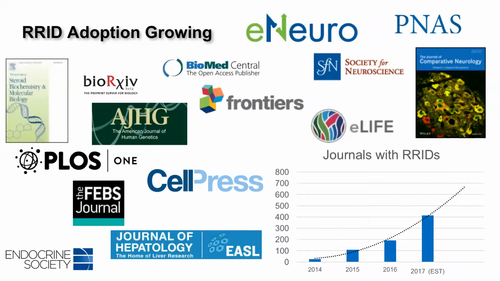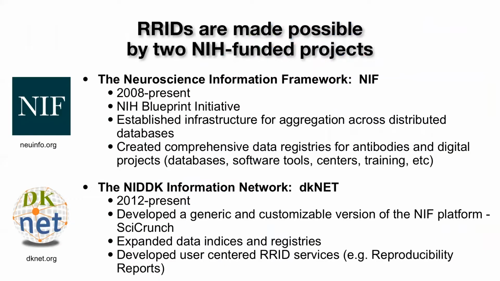We're now over 400 journals with RRIDs, and for 2018 that's looking to grow to somewhere in the range of 600 to 700 journals. So this continues to grow, and is something that has been made possible by both NIF and DkNET.